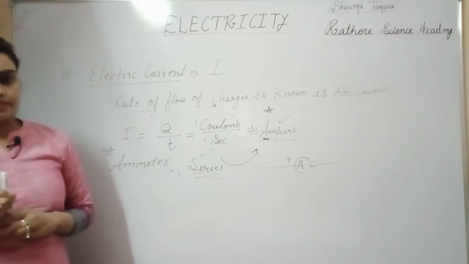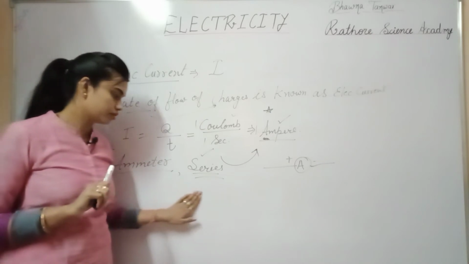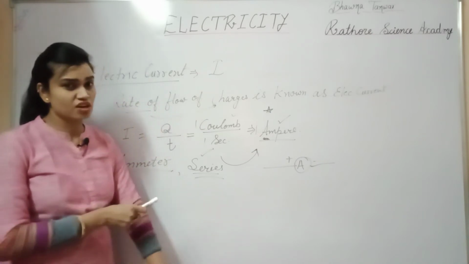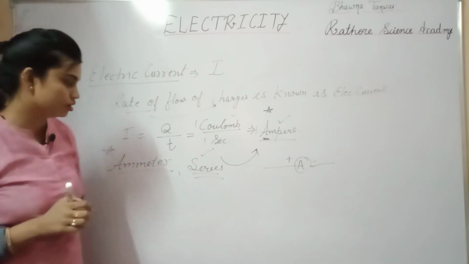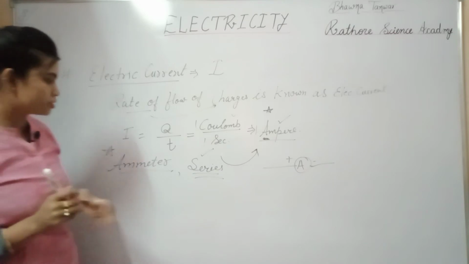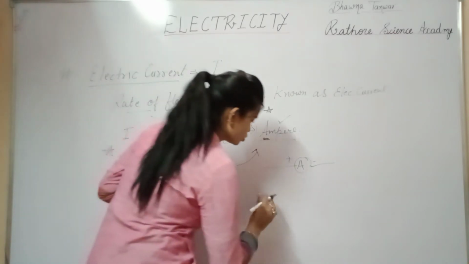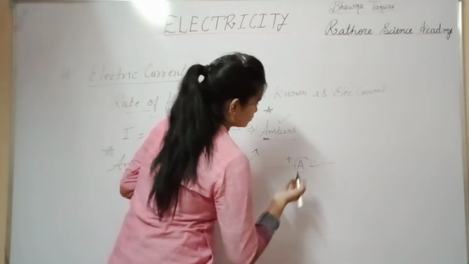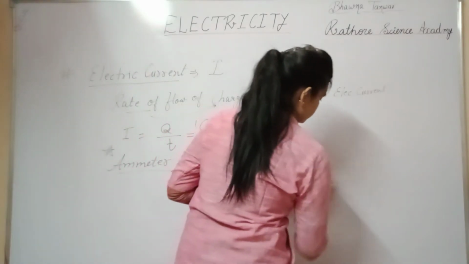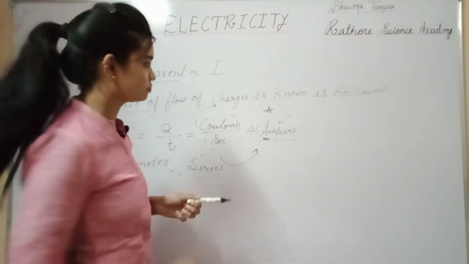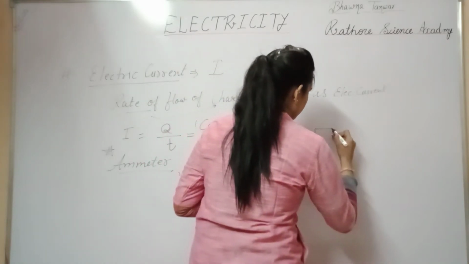Now the question arises, and everyone wants to know, why is the ammeter connected in series? Series combination and parallel combination, we will discuss later on. But the reason why ammeter is connected in series, I will show in a circuit diagram how it is connected. Let us draw here. I will draw a rough diagram.